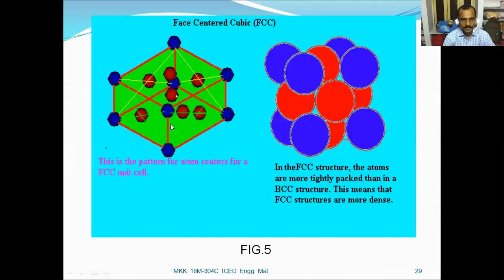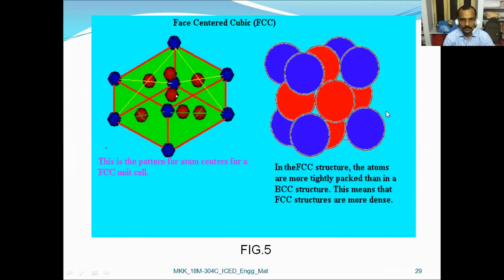Along the faces, 1, 2, 3, 4, along each face, we have an atom, which is known as the face-centered cubic structure. If this is one face, this is a red one atom, second face, third face, like that, 4 faces.